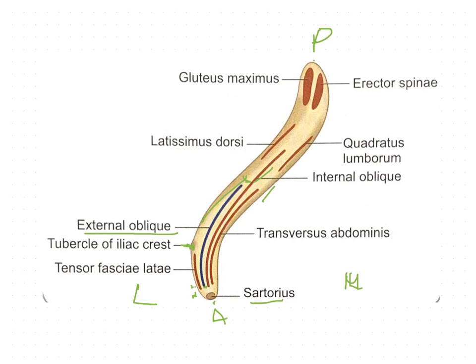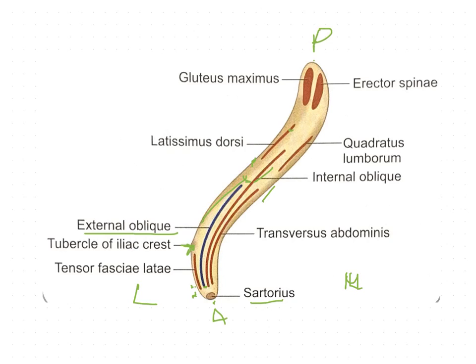Okay, and if you move on behind the highest point of the iliac crest, you will find another muscle called latissimus dorsi, also getting attached on the outer lip of this iliac crest. The tubercle of the iliac crest also gives attachment to the iliotibial tract.